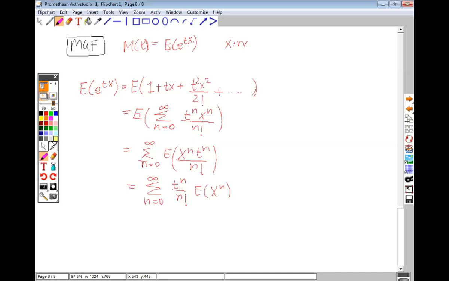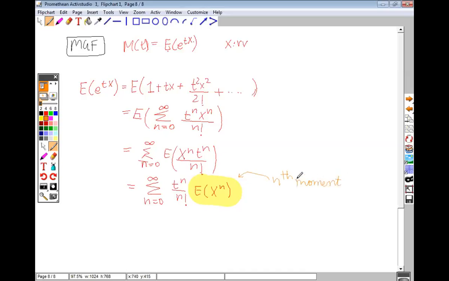So what I get here as the coefficient is the expectation of x raised to n, right? And what is that? It is my nth moment. So this right here is my nth moment.